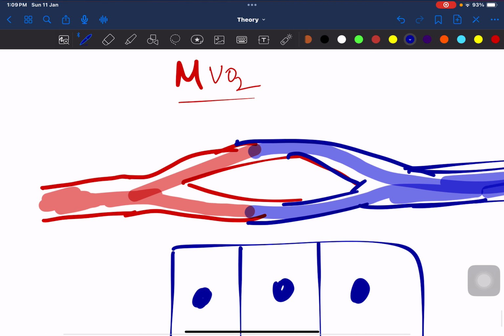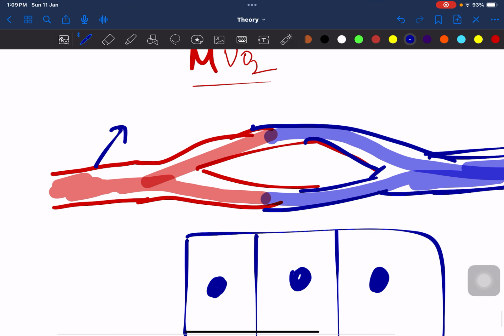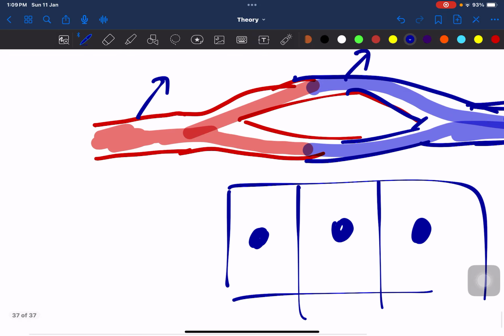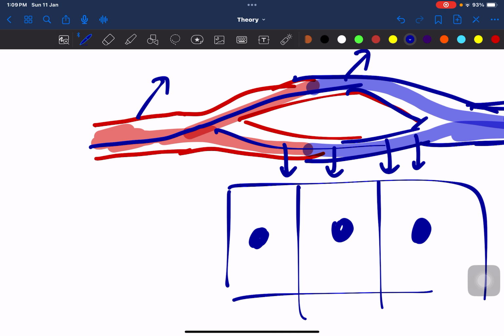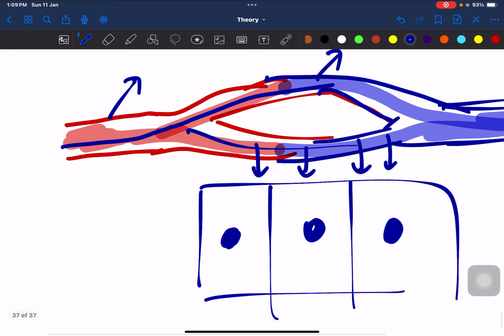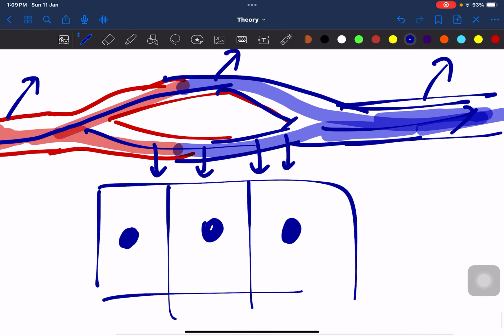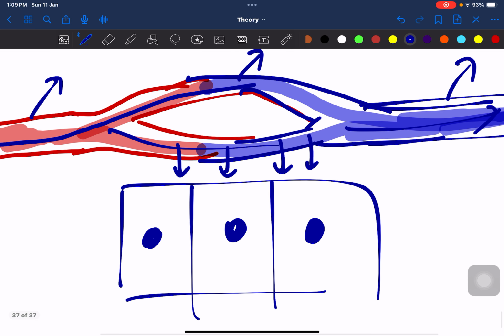So for that, let's see this. This is artery, this is capillaries, and this is veins. Normally, the blood flows from the arteries via the capillaries. In the capillaries, tissue perfusion happens, and the extraction of oxygen and nutrients takes place into the tissues. The remaining blood returns to the heart. This is normally what happens. What happens in distributive shock?